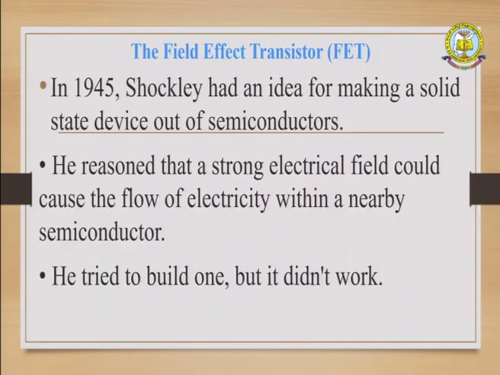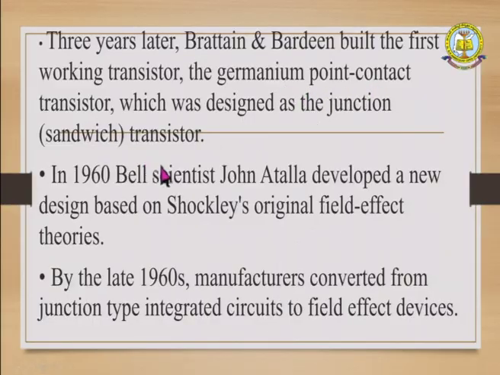Further, the important one is the field effect transistor. The field effect transistor is also a three-terminal silicon semiconductor device. Okay. So this was the idea of making a solid state device from semiconductors, the field effect transistor. Next, there is a brief explanation of the working of the transistor and the germanium point-contact transistor.